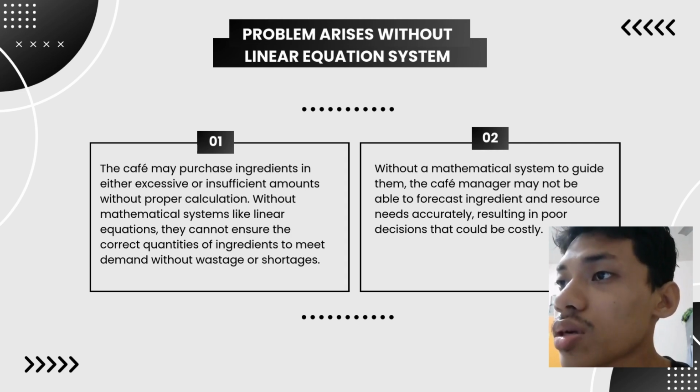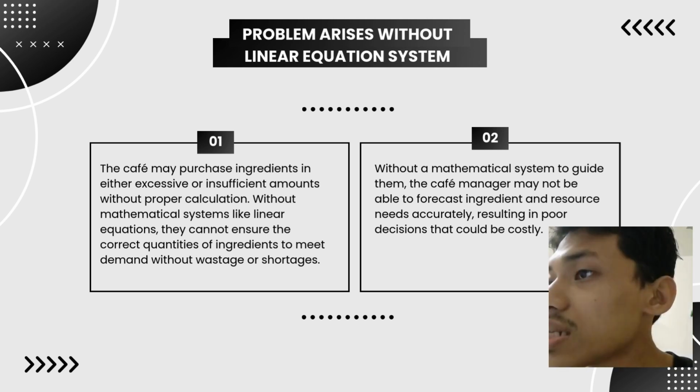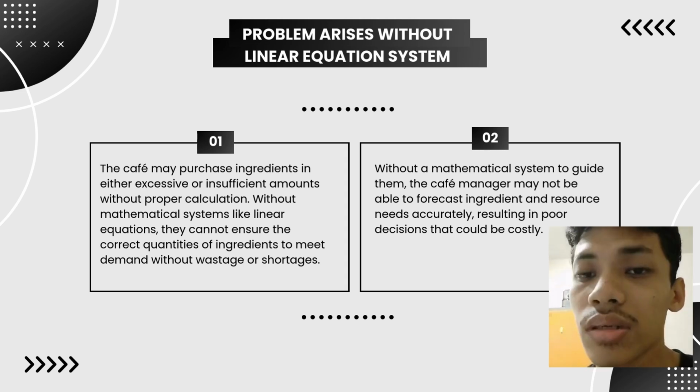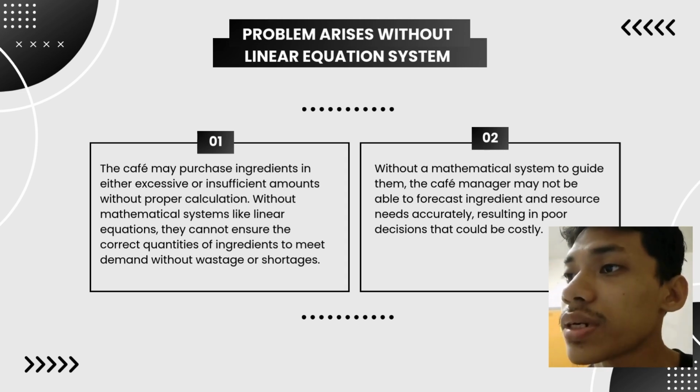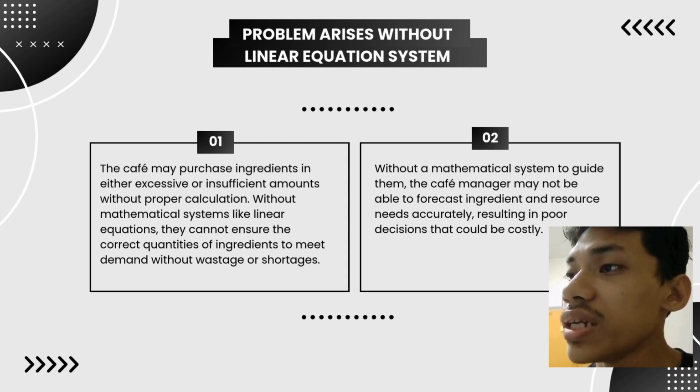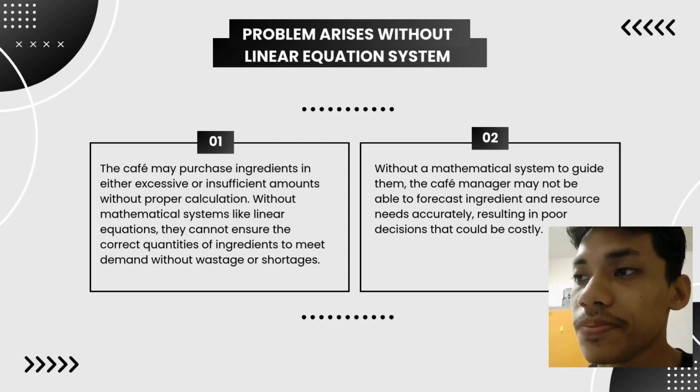These equations consider all constraints, such as seating capacity, ingredient availability, and minimum production requirements to provide precise guidance. As a result, the cafe can operate efficiently and profitably, avoiding unnecessary costs.